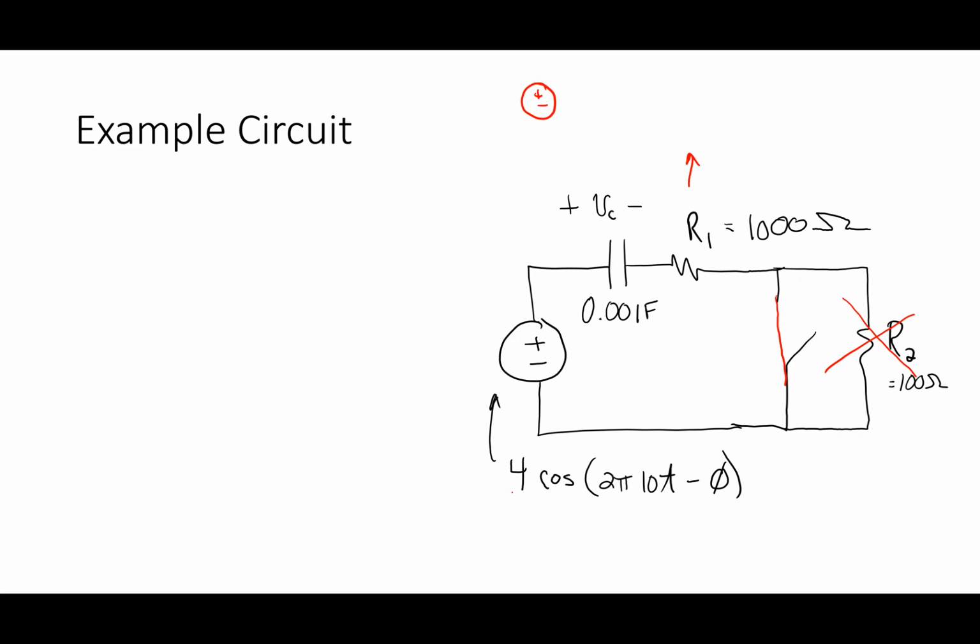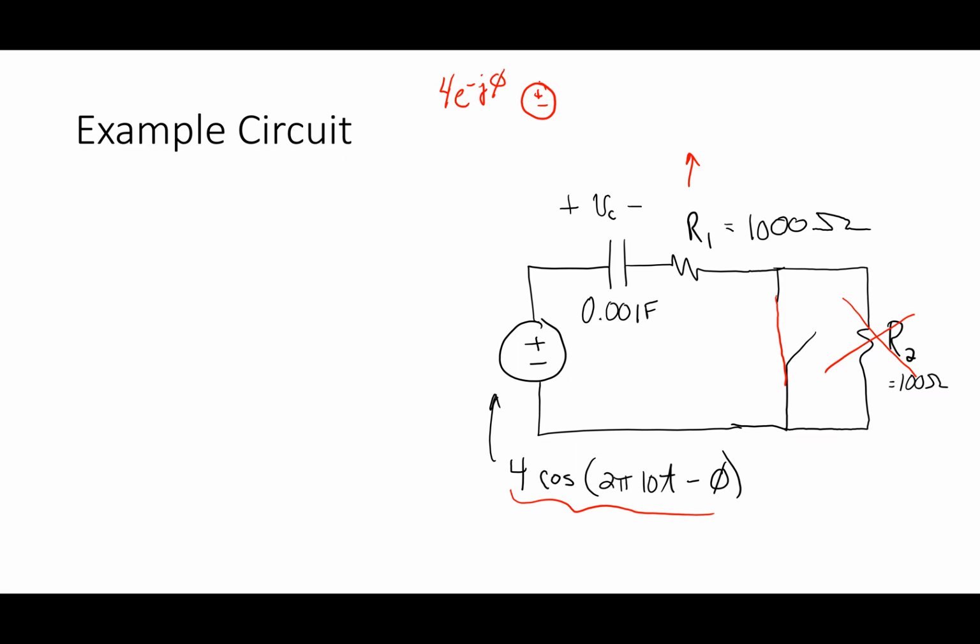What's the phasor that goes with this? 4 e to the negative j phi. The voltage source is no longer just 5 volts or whatever. It has a magnitude of 4 volts and an angle of whatever that phi is.